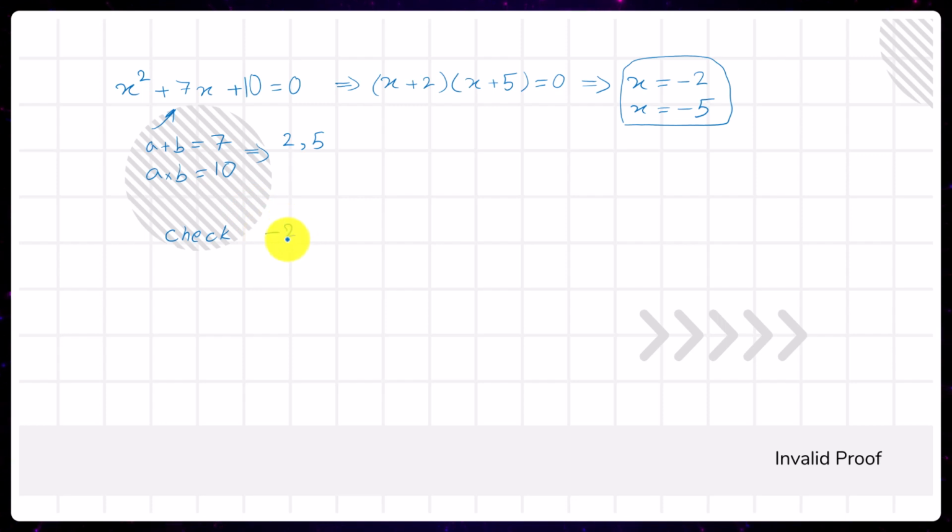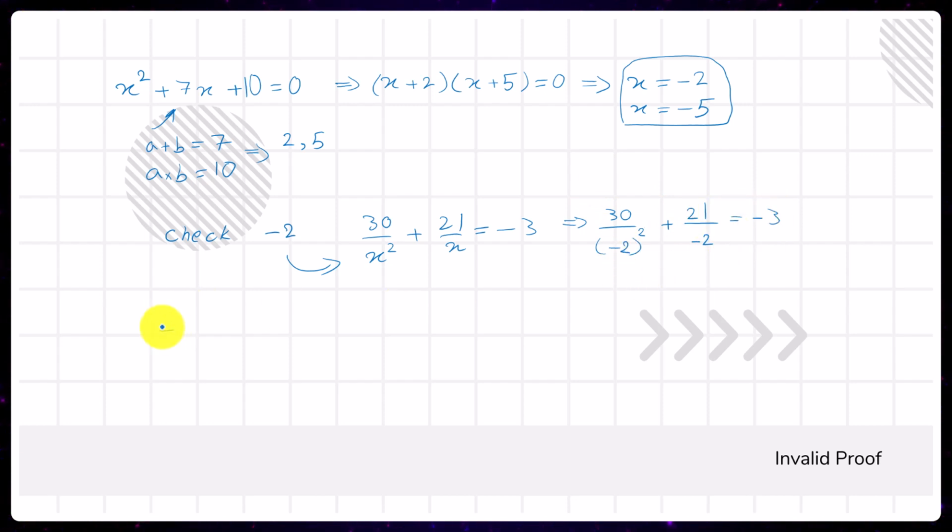So first of all, I'm going to check -2. So my initial equation is 30/x² + 21/x = -3. Now let's just replace x with -2. So you will have 30/(-2)² + 21/(-2) = -3.